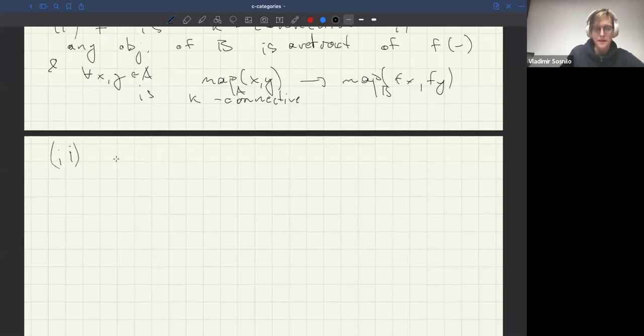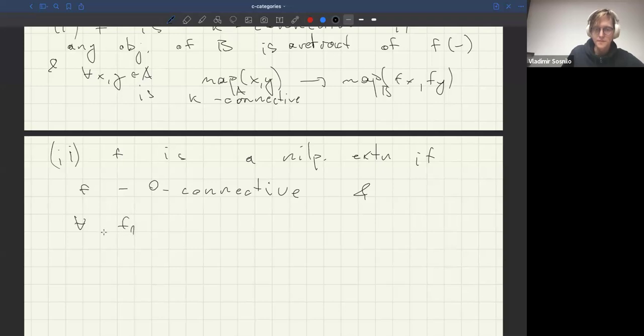So we say that F is a nilpotent extension if F is zero connective, and for any composable morphisms, let me use a different letter for morphisms, sorry, x0, g1, x1, up to xn, gn.